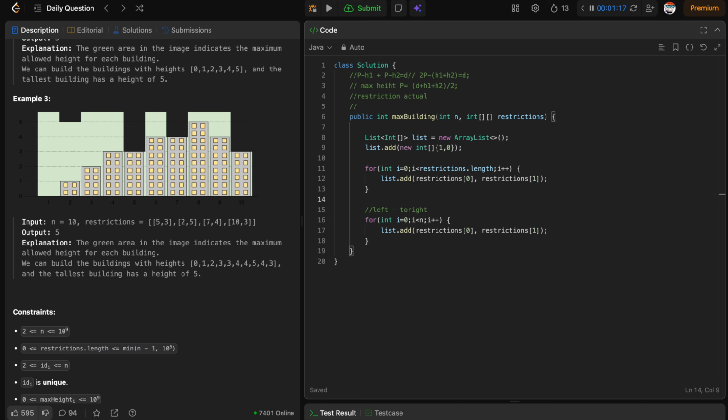Also, we need to sort this as well. Collections dot sort, because currently it is 5 3 2 4, not sorted. So we use collections dot sort, and we use some array function to sort.